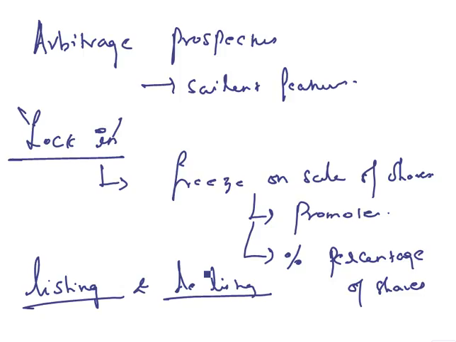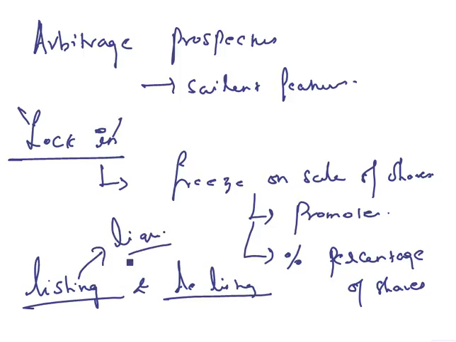That means you will actually be listed in the exchange house so that people will have the trading privileges, that is the buy and sell privileges, on the securities. So the prime objective of listing of securities is to provide liquidity and marketability to securities. That is one of the major things, liquidity and marketability.